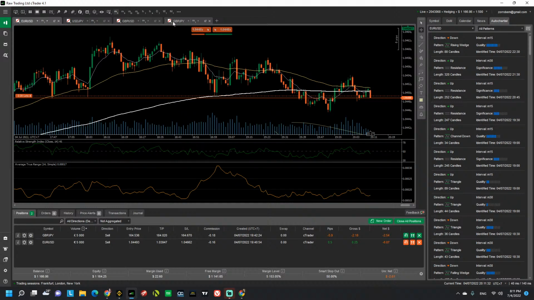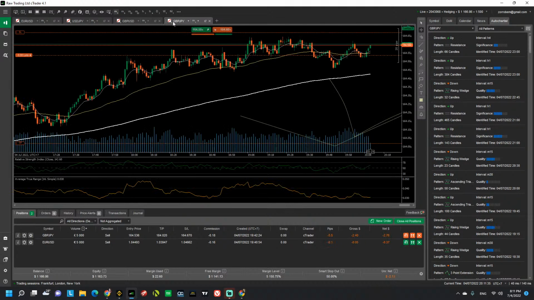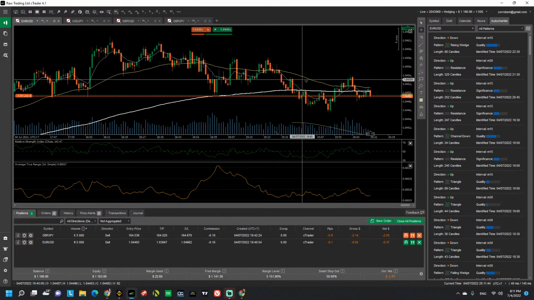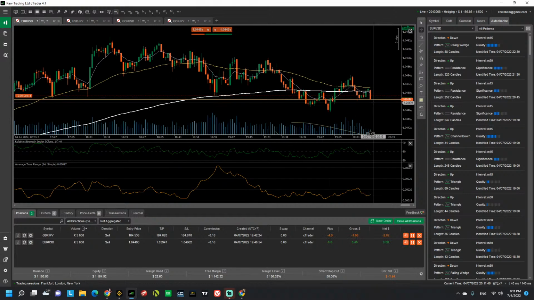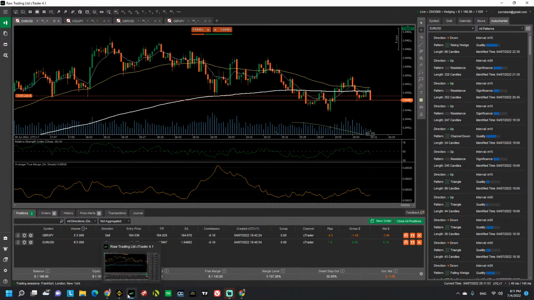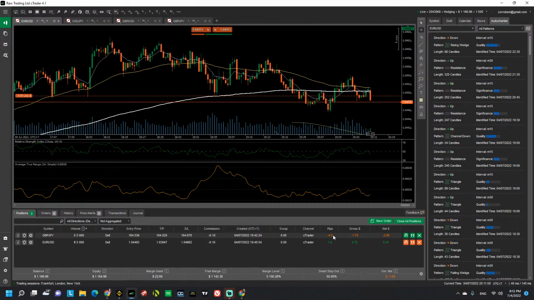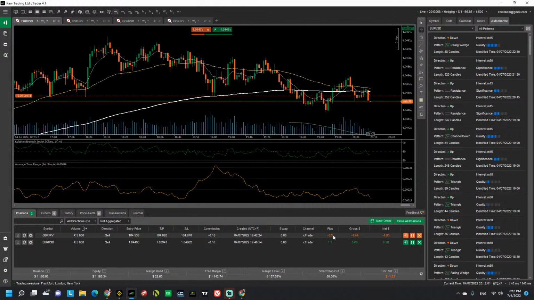Yeah, it fell again. That was the euro USD. Okay, fell and rejected. Okay, but pound JPY still negative 4 pips.